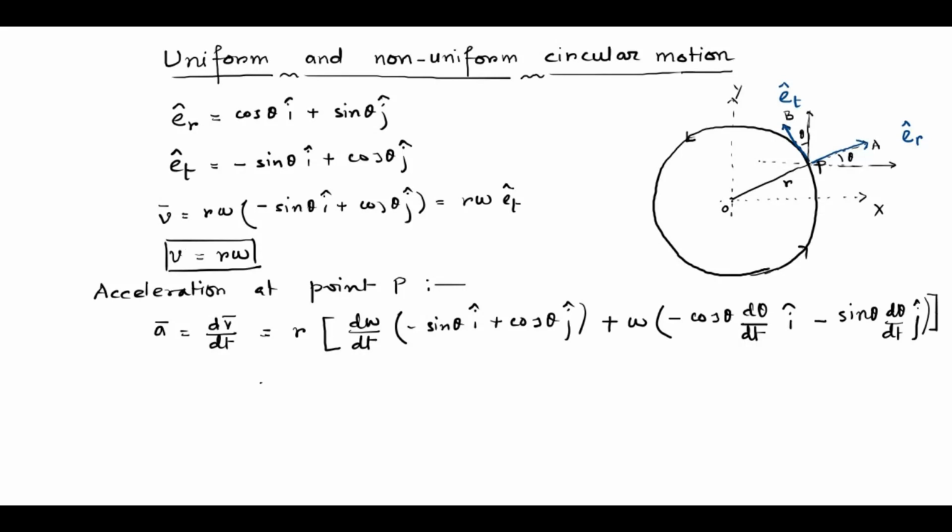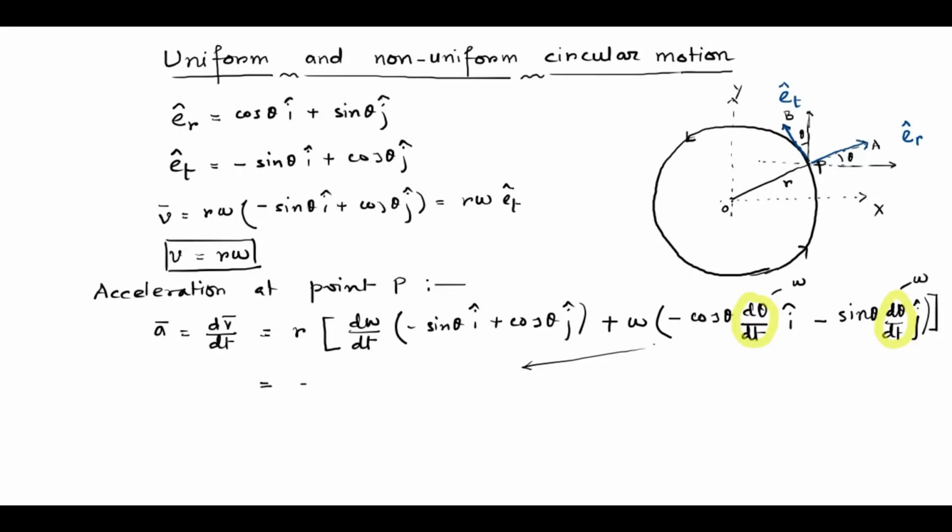Okay, if I write down the second term in the first way, here d theta by dt is omega.